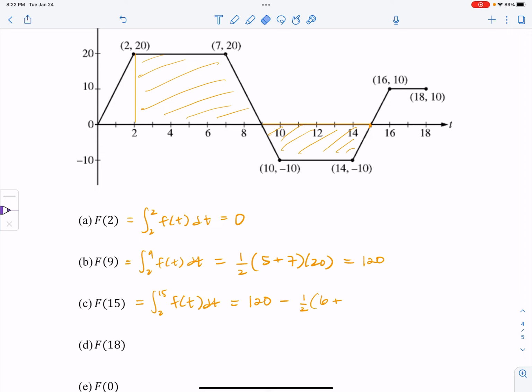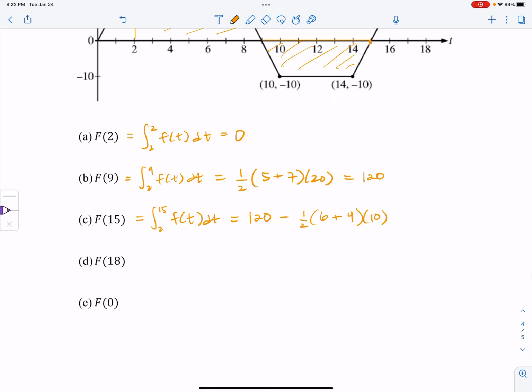This looks like 4. And then the height is 10. So simplifying that, that would be 120 minus 50. So is that 70?